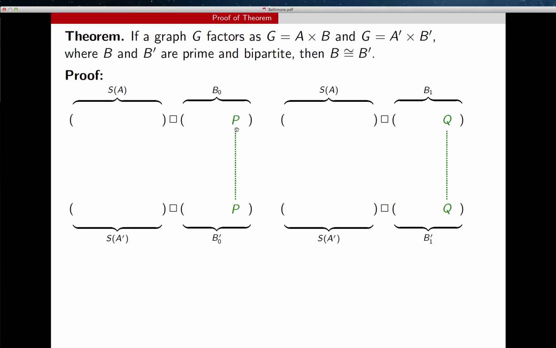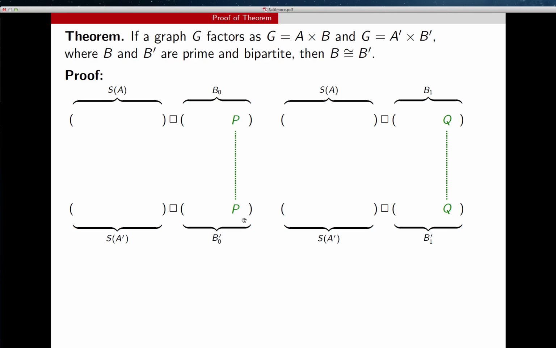Now notice that our B has two partite sets, the vertex set of B0 and the vertex set of B1, and those are labeled by the vertices of P and Q. Now what about B prime, the other bipartite factor?